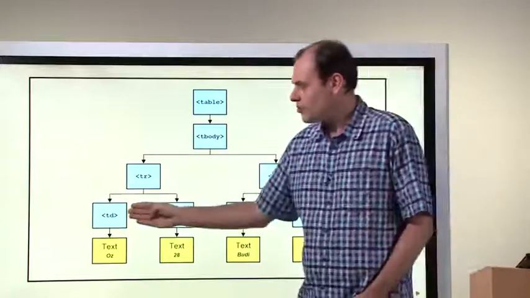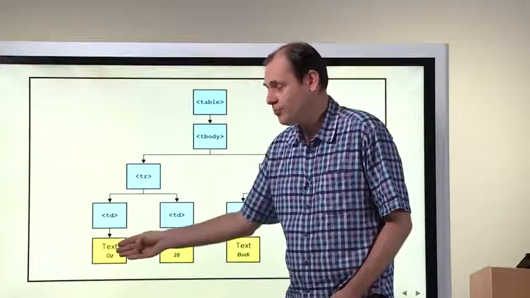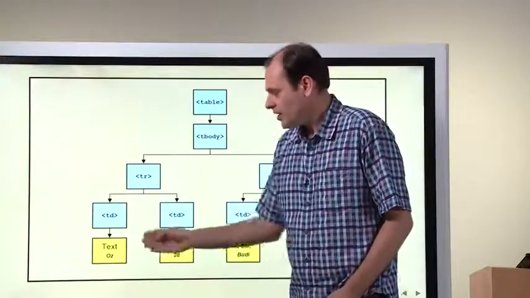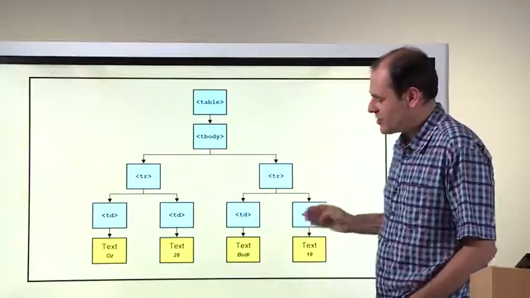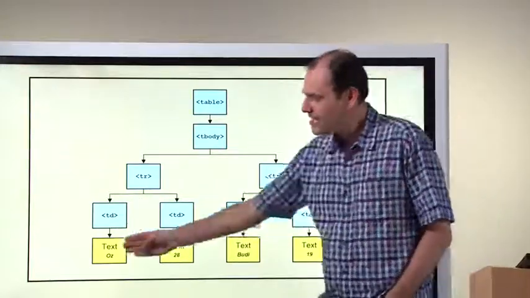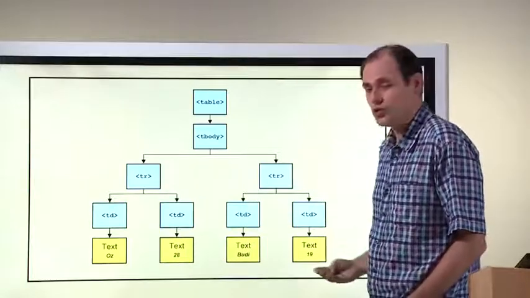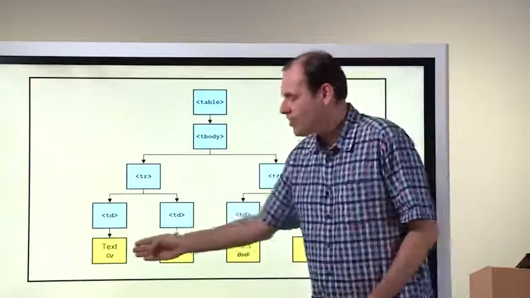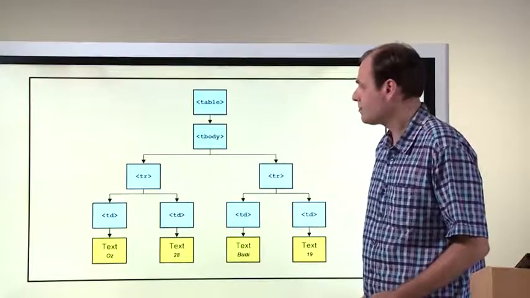Now, in the DOM structure, that piece of text is its own node. It is a separate node underneath the thing which contains the text. So this box has this text, this box has this text, and so on. These are text nodes. You don't actually type that when you type your HTML, but in memory, they are represented as separate nodes.